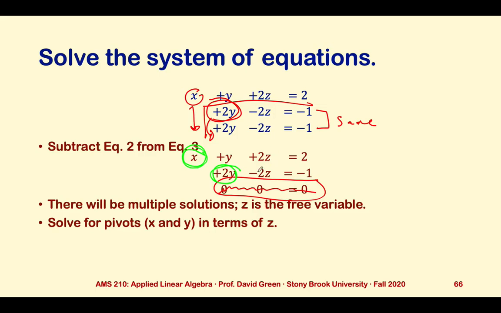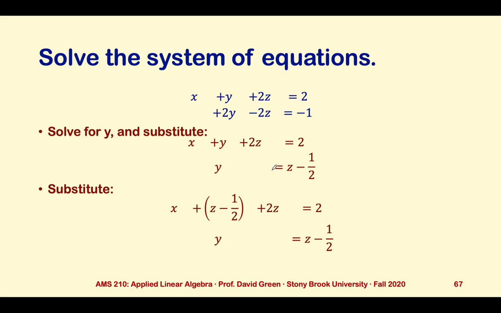This tells us then there's still a z. z is not a pivot in any equation. z is a free variable. Anytime we have a free variable, this means we will have multiple solutions. We aim to solve for the pivots, x and y, in terms of the free variable z. Back substitution gives us that solution.